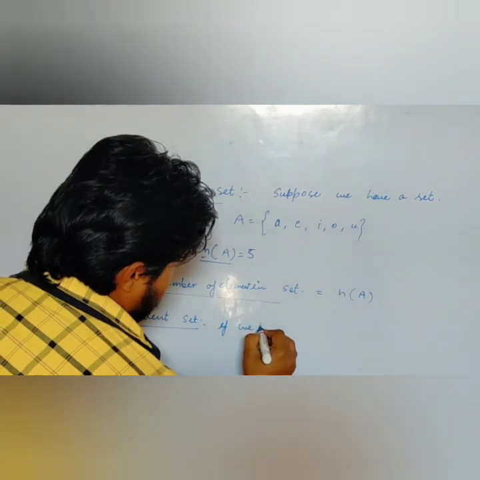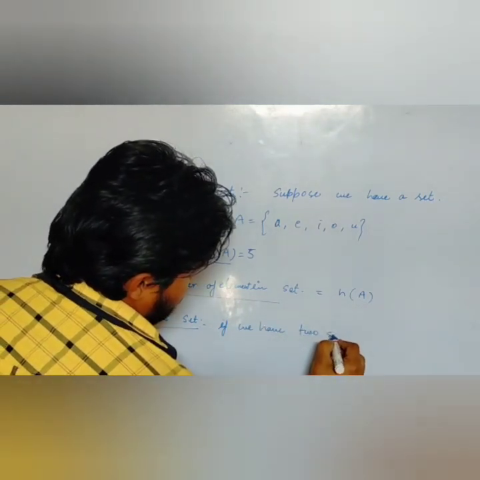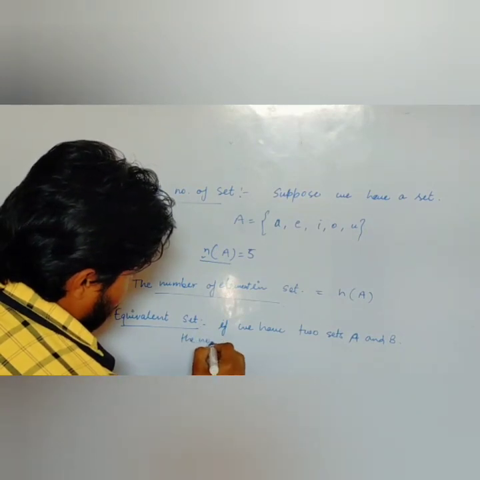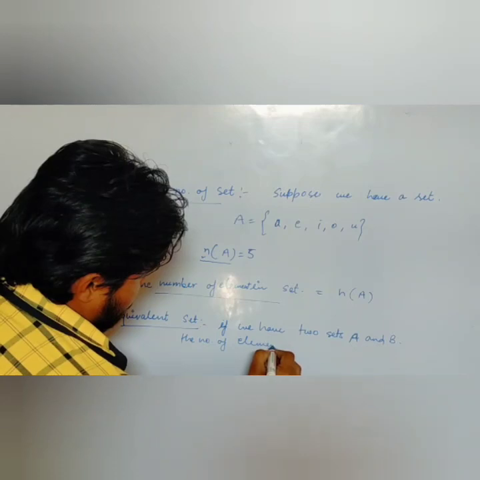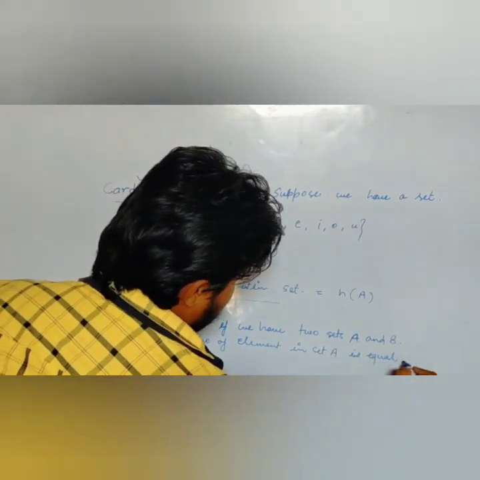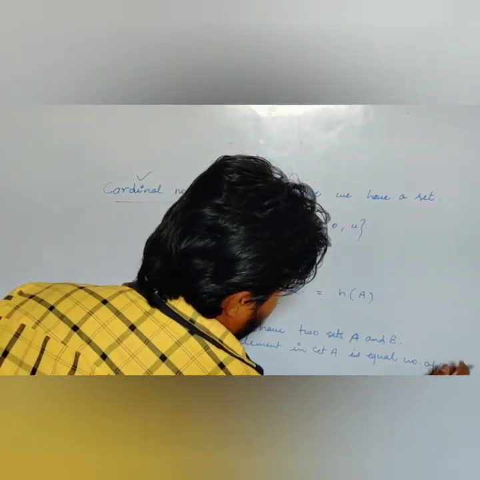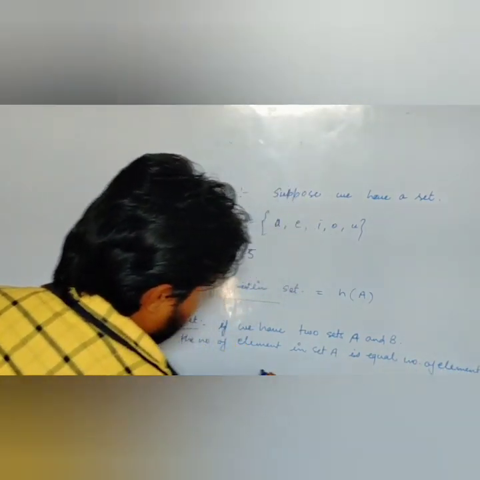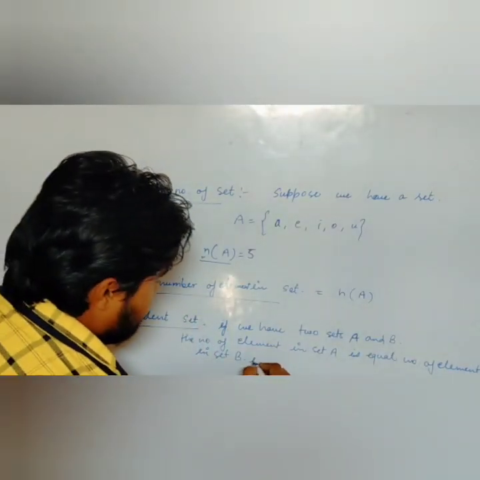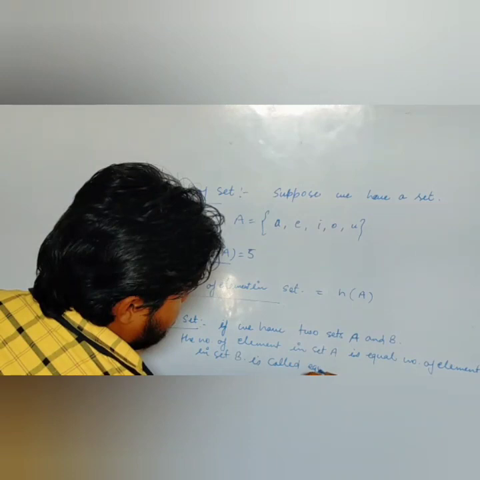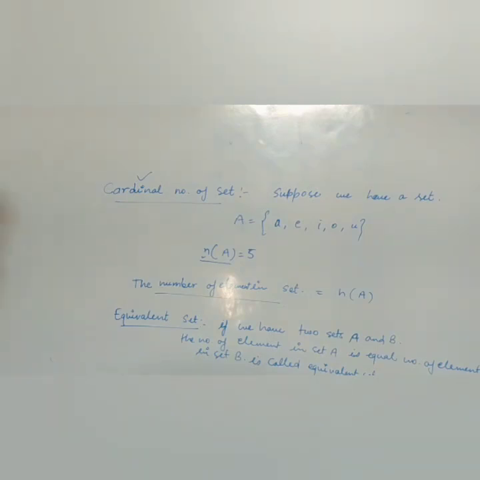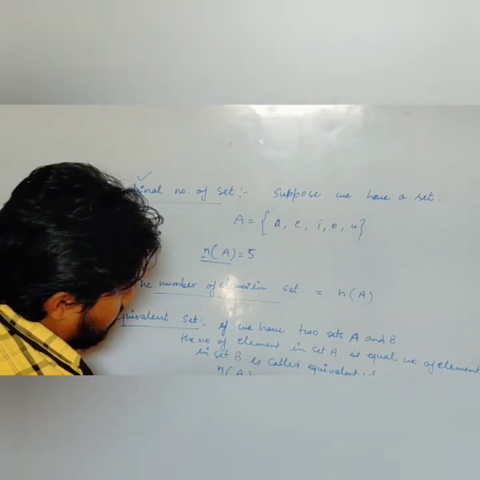If we have two sets A and B, the number of elements in set A is equal to the number of elements in set B. This is called an equivalent set. We can say n(A) is equal to n(B).